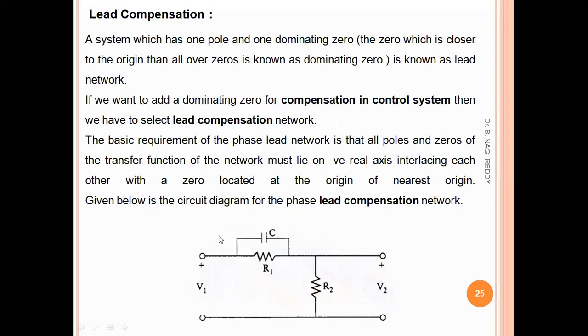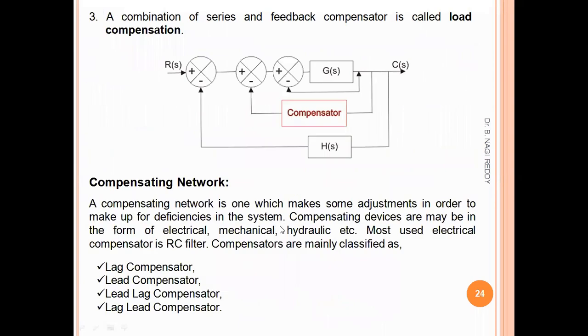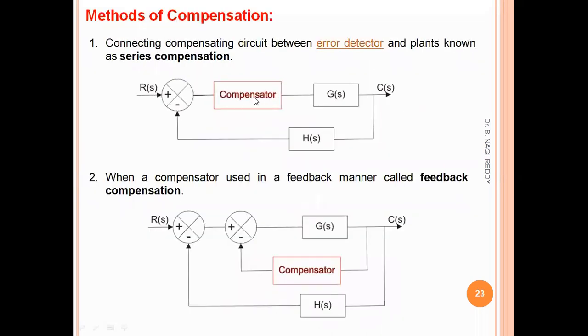We have to calculate the transfer function initially, because we are adding this compensator in series or in feedback. G of S is the main system gain, H of S is the feedback gain, and then we calculate the compensator gain. If you place a lead compensator here, we have to get its transfer function, and then only can we write the gain here.